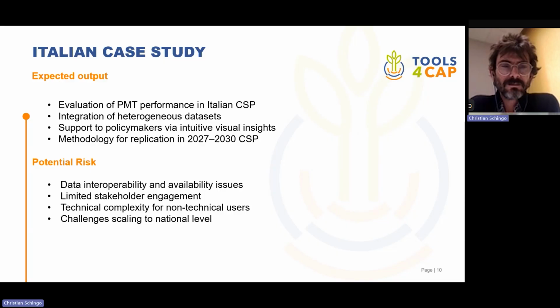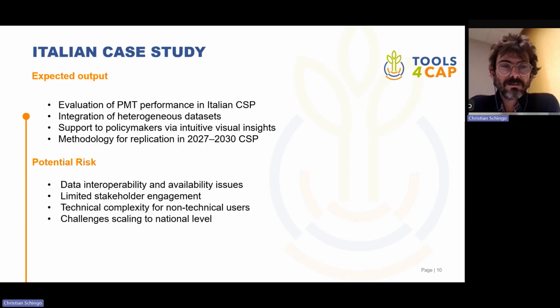The output of the Italian case studies was the evaluation of these PMT performance in the Italian strategic papers: integration of heterogeneous data sets, support to policymakers via intuitive visual insight and dashboards, and methodology for replication in 2027 and 2030 new CAP.